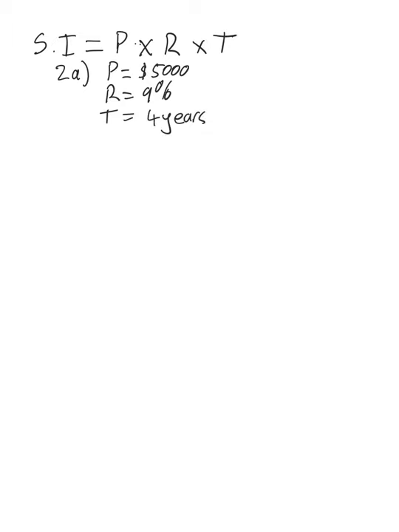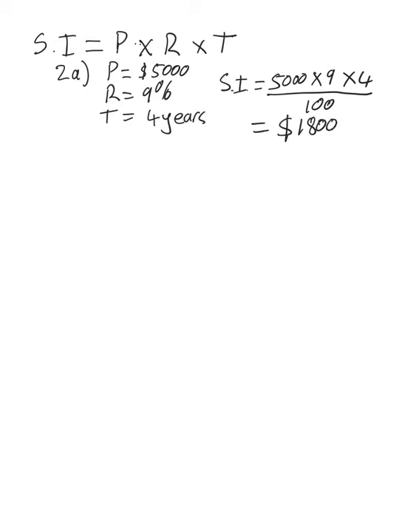So we'll simply calculate the simple interest as being 5,000 times 9 times 4, all divided by 100, and that equals $1,800. And that's the sort of amount of working out it should show what information you have been given and write it into, or substitute into, the formula.